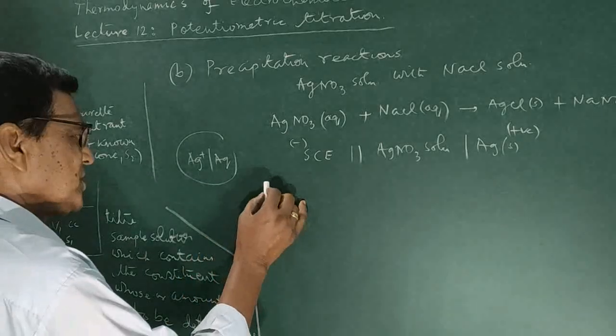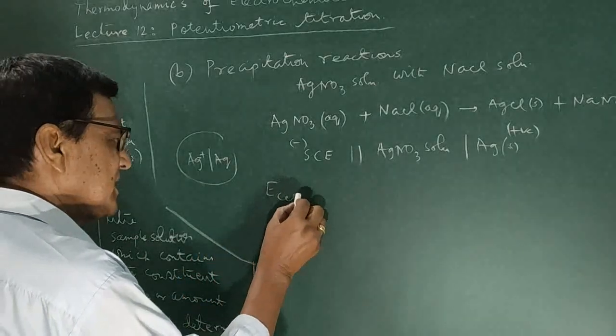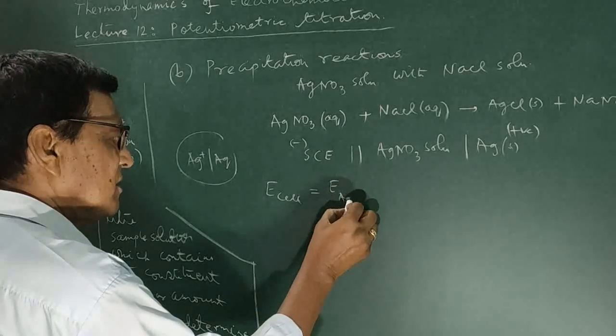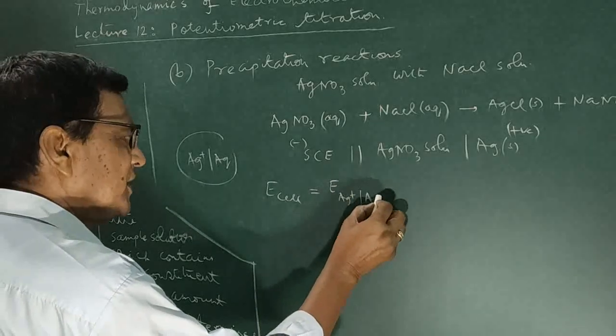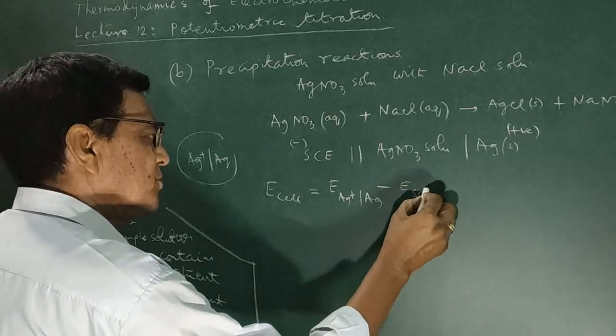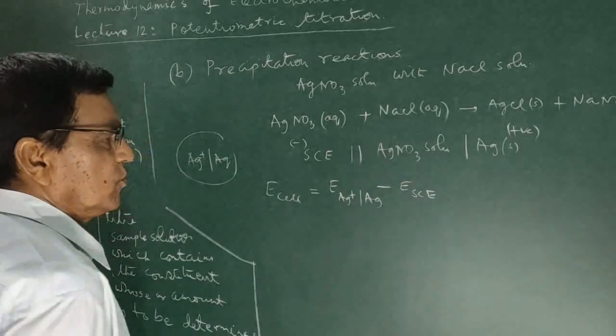And in this case, E cell will be equal to E of silver ion silver minus E of the saturated calomel electrode.